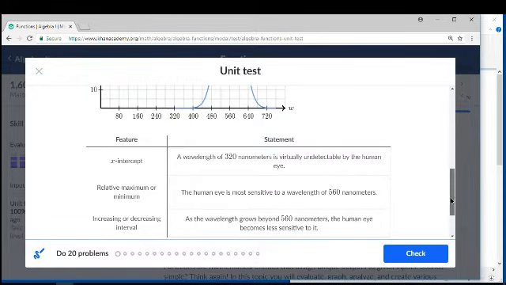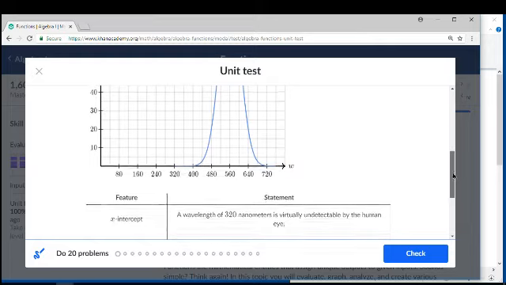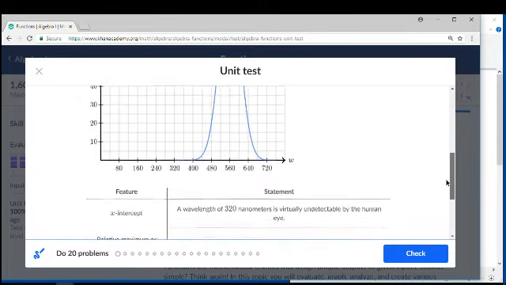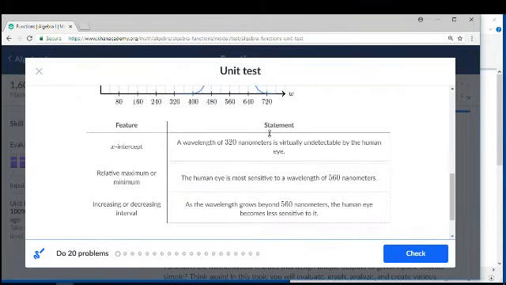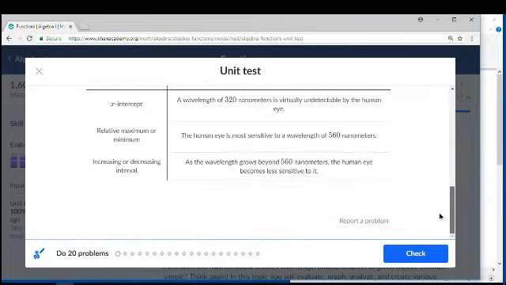All right. Now, the human eye is most sensitive at 560 nanometers. That's most true because that's a maximum. When x is 560 or w is 560, that's when we're at a maximum for sensitivity on the left-hand axis.